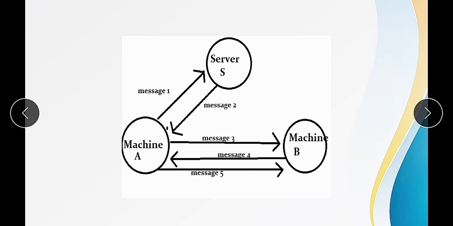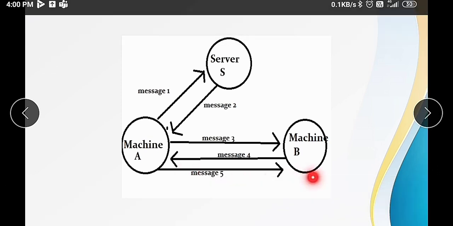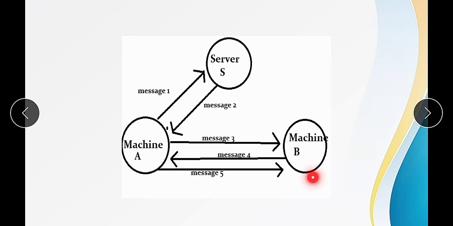Okay, now Alice will decrypt this message using the symmetric key provided by the server, and then she will send that message back to machine B or Bob to confirm that she is the actual user. So this is the whole idea.